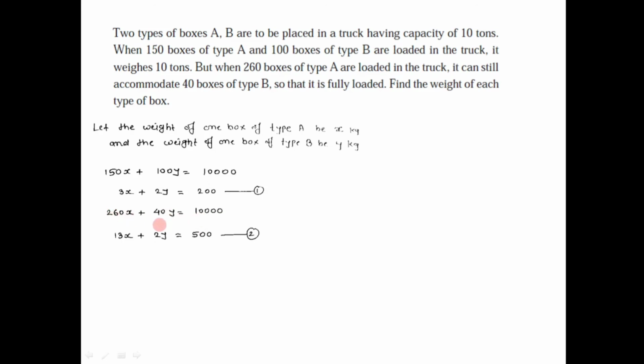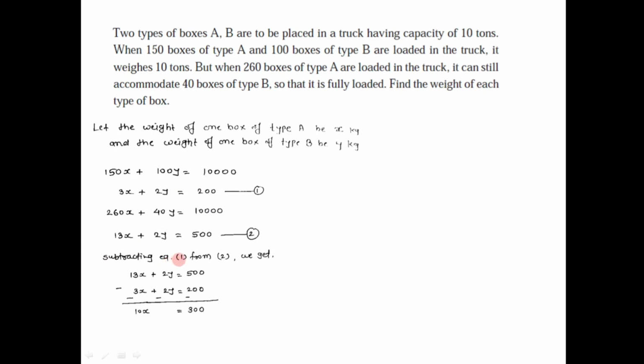If we divide this equation by 20, we get 260x divided by 20, that's 13x, plus 40y divided by 20, that's 2y, is equal to 10,000 divided by 20, that is 500. So this is equation number 2. Now we can compare equation 1 and 2. As the coefficients of the variable y are equal and signs are also same, we should subtract these two equations.